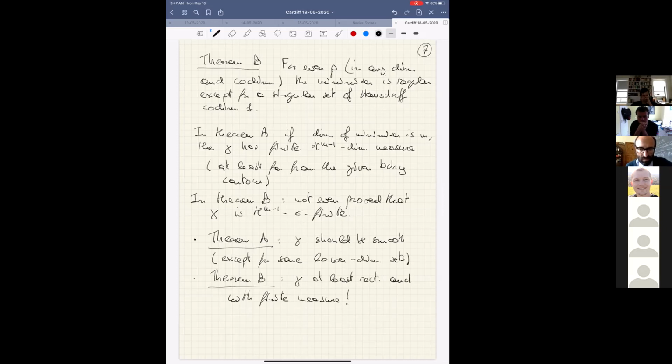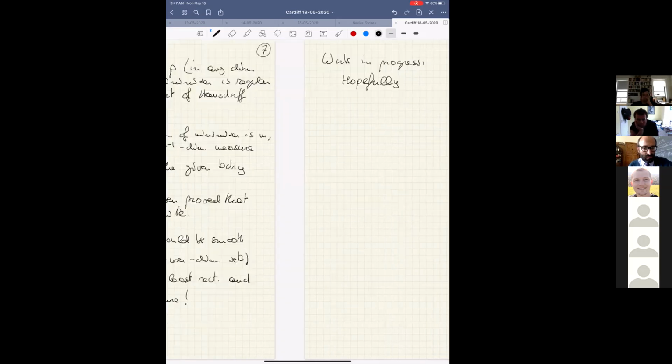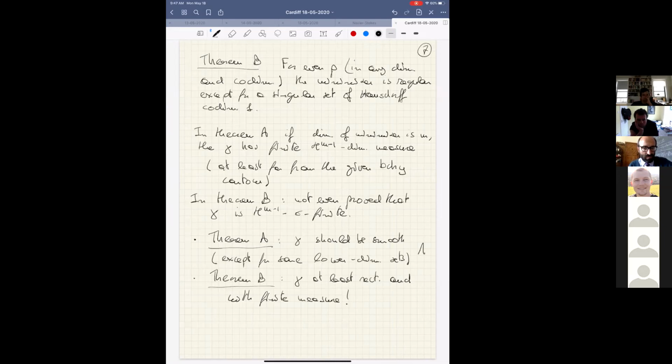Okay, and the work in progress is in the following sense. So we hope of having theorem A in codimension 1. Okay, so hopefully, let me actually call this statement AS, the strong version of theorem A, and BS, the other theorem.